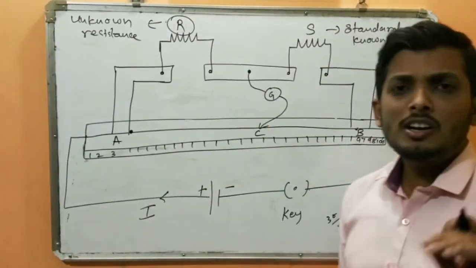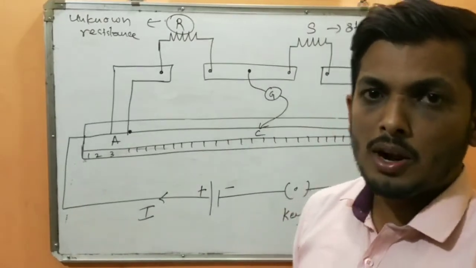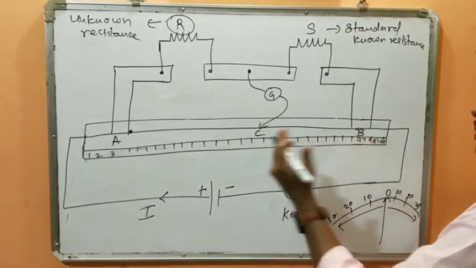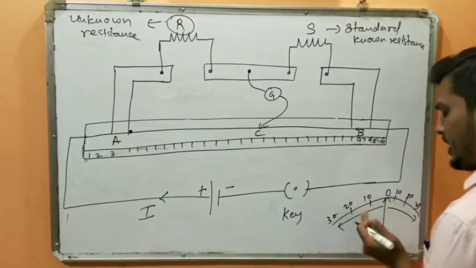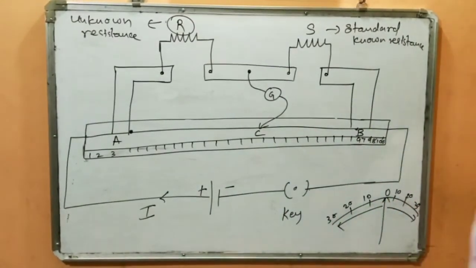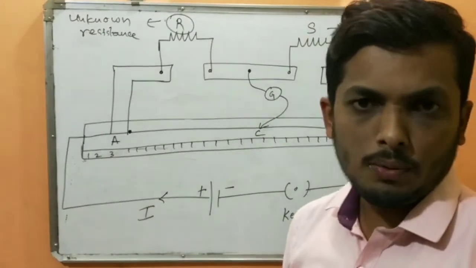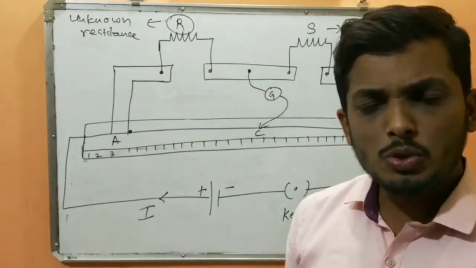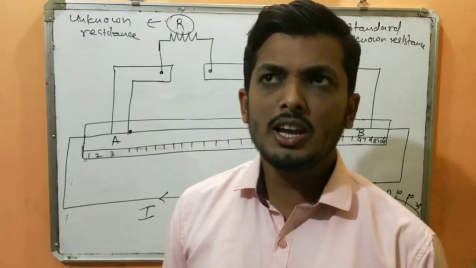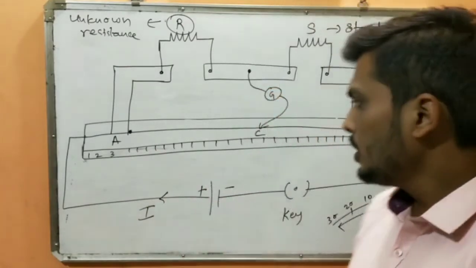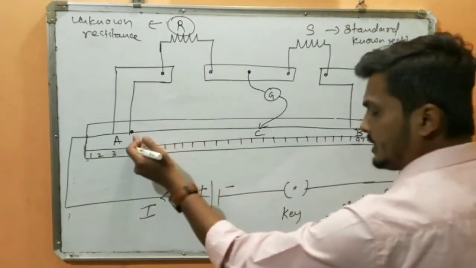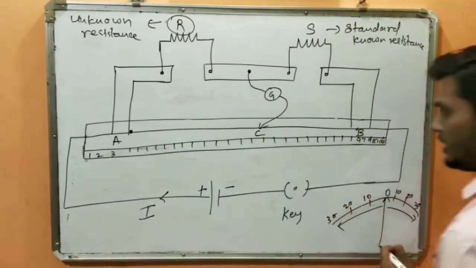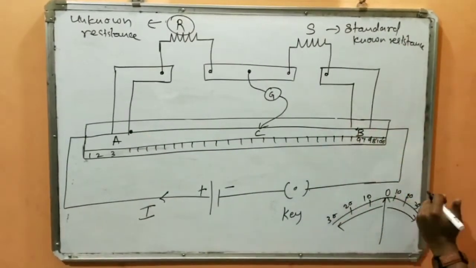But I am not interested in the deflection of the galvanometer. I want such a point on this wire where the galvanometer should neither deflect this side nor that side, but should come to 0. And once it comes to 0, it is understood that the balancing condition is satisfied. Now use your common sense. Once I place it here, it is deflecting that side. Once I keep it here, it is deflecting on this side.